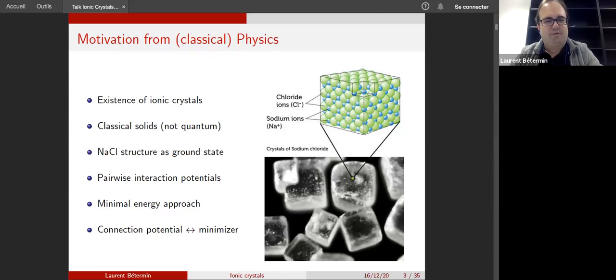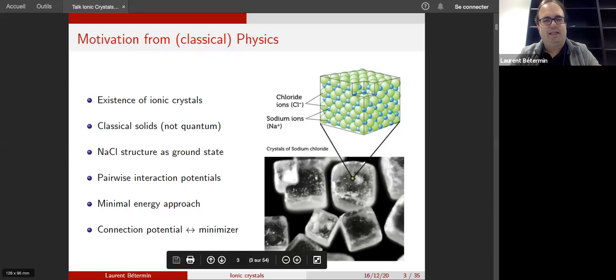Of course, as usual, it will be a minimal energy approach, and what is a bit hidden here is this connection between the interaction potential and the minimizer of your energies.